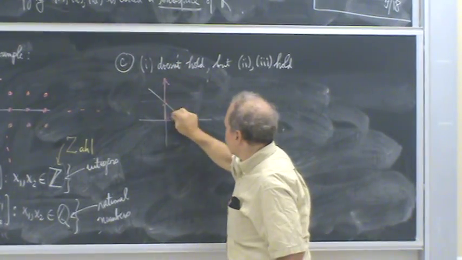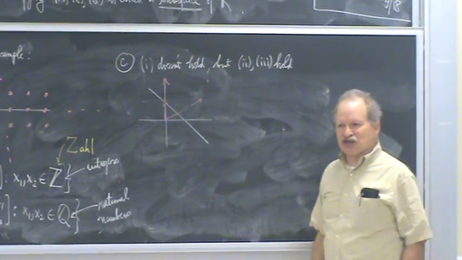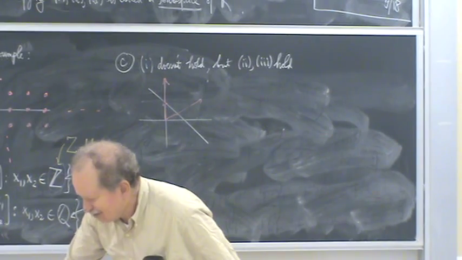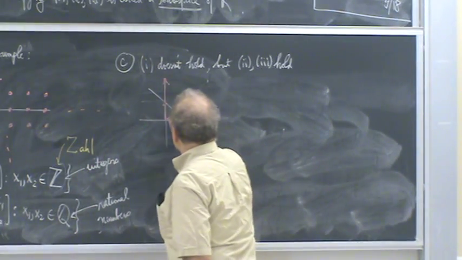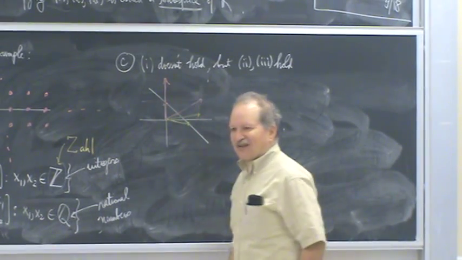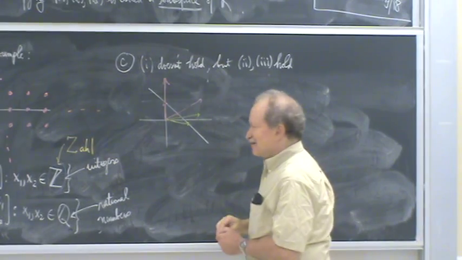That's true for every single vector here, right? So it's not closed under scalar multiplication, and in fact, it's not closed under addition either. If you take this vector and you add them, it's not on the line. So 2 and 3 both fail here.